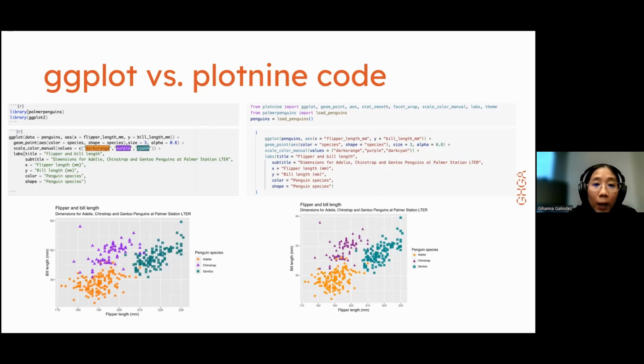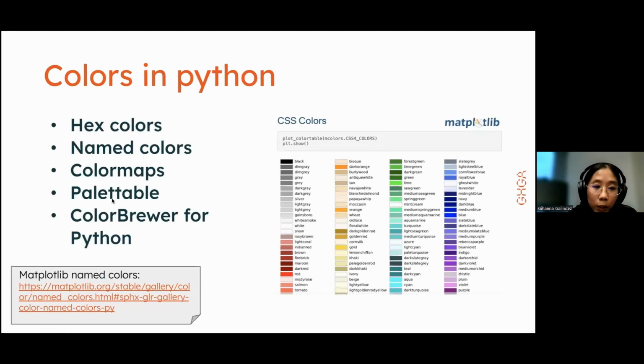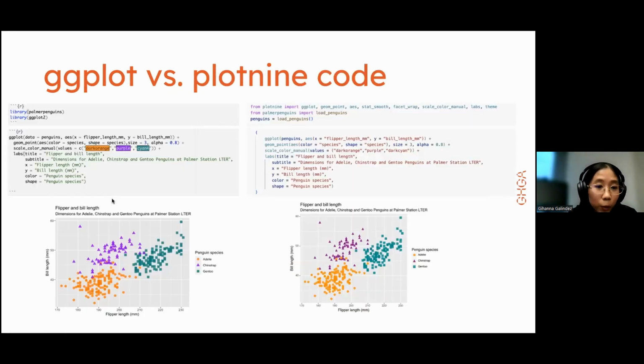And also, if you notice, the color might be different. Here in ggplot, you see purple has a different purple from plotnine. So they can be different, and you might want to watch out for that. But basically, it is a ggplot for Python. And you also use the plus operator basically to build your plots.